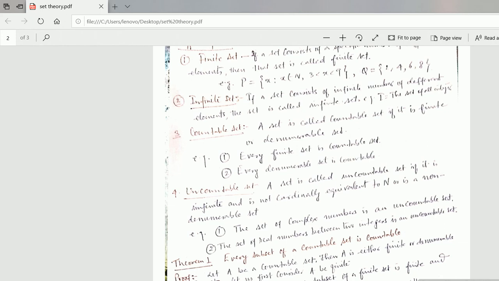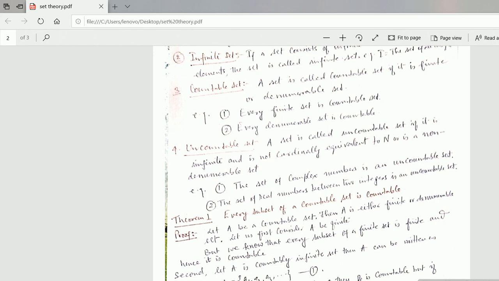Now we will discuss countable sets. What is a countable set? A set is called a countable set if it is finite or a denumerable set. For example, every finite set is a countable set, and second, every denumerable set is countable.